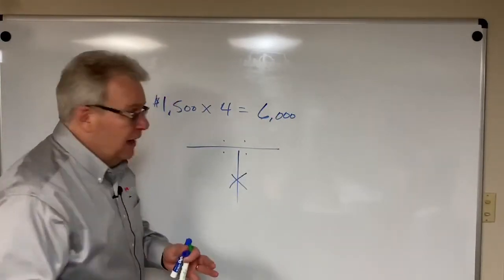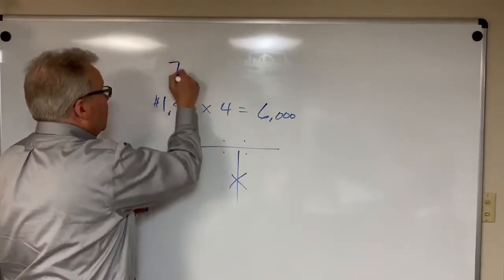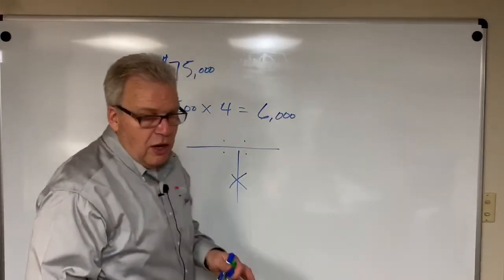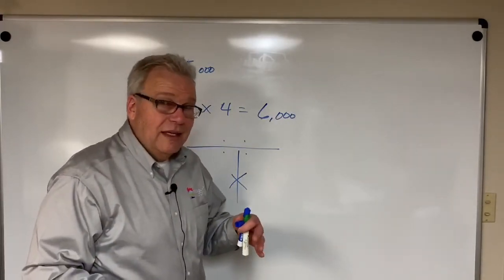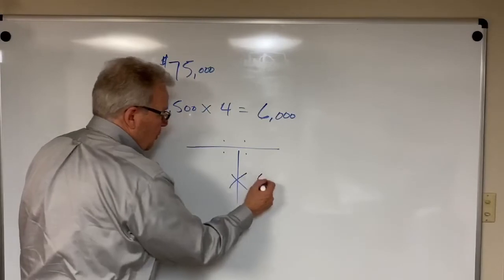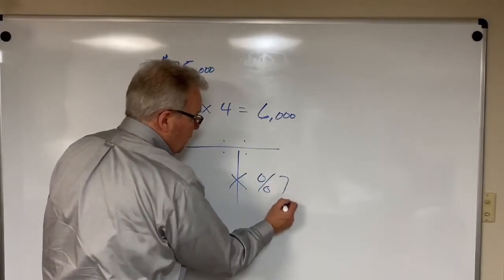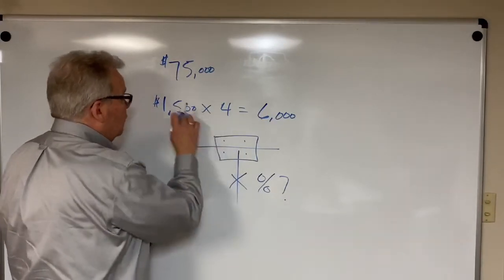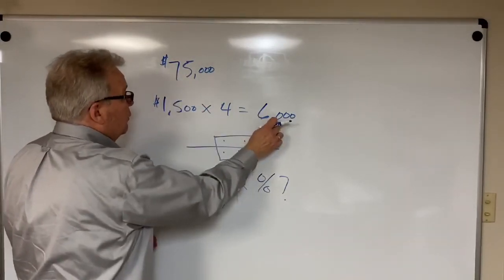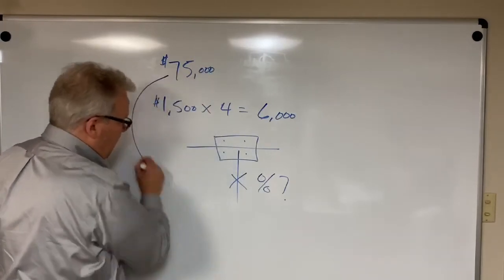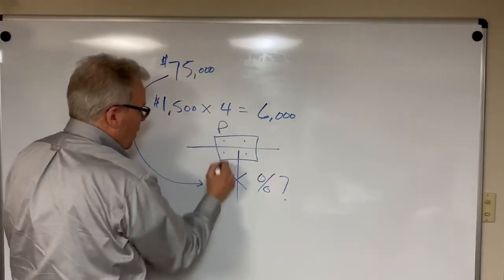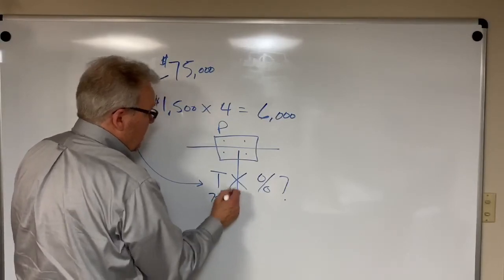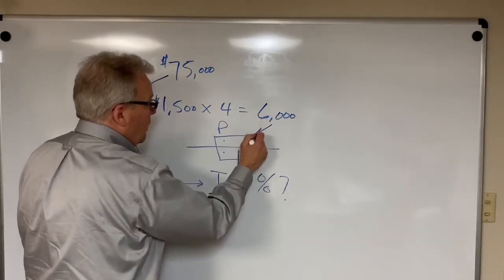Now, let's do our T problem. And the $6,000 is going to go where? Well, the loan amount was $75,000, and it wants to know what is the interest rate on the loan. So remember, our rate's down here, so we're solving for this. We automatically know we're going to have to divide, so we just have to figure out where the $6,000 goes and where the $75,000 goes. Well, remember, part total. 75,000 is the bigger number, and 6,000 is going to go right here.